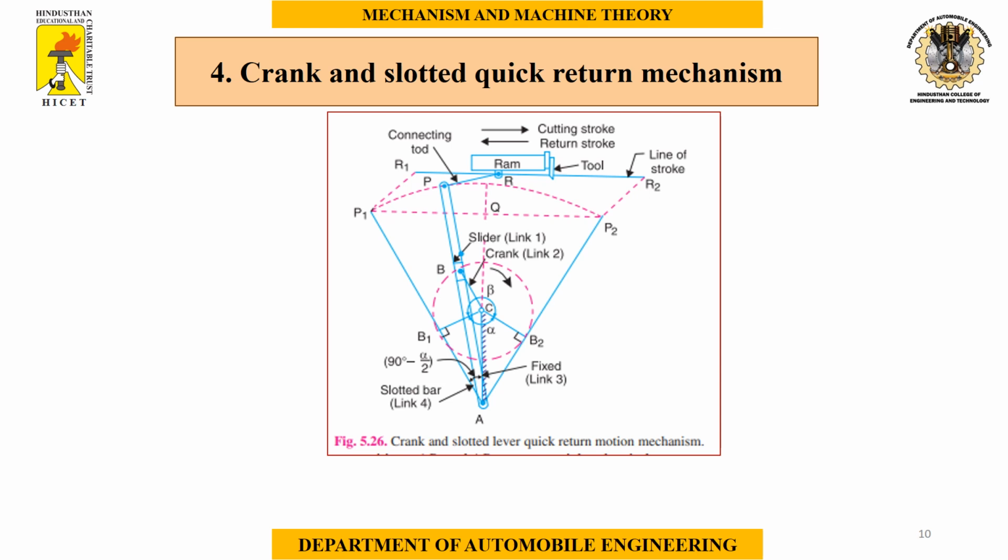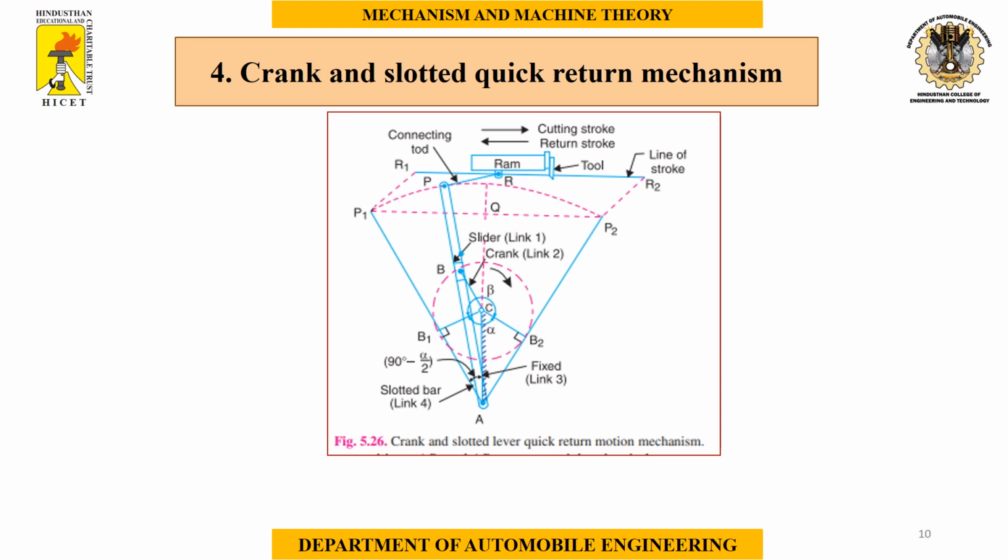So scientists developed this mechanism where the tool moves in a slower manner during the forward motion. While returning, the tool returns faster than the previous forward stroke because it is not going to touch anything. So this mechanism, the single slider crank mechanism, gets an inversion that gives the crank and slotted lever quick return mechanism.